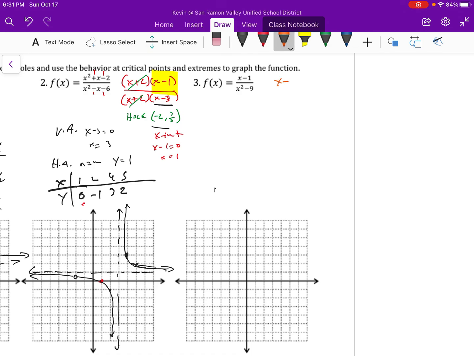Again, factor just in case. X minus 1, x minus 3, x plus 3. My vertical asymptotes are going to be x minus 3 equals 0, so x equals 3, x plus 3 equals 0, x equals negative 3.